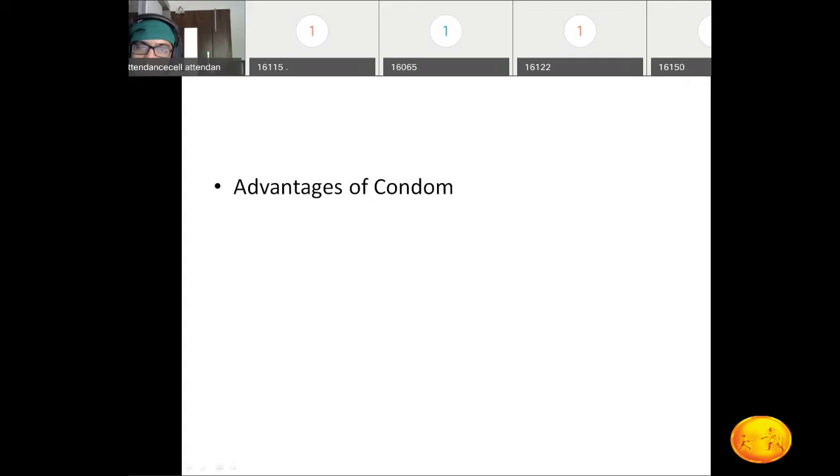Less side effects. Less means that there are certain side effects. What are the side effects of condom? Minimal side effects. So what do you mean by minimal? Now I will lead the question so that it will be easier. Now tell me the non-contraceptive benefits of condom.